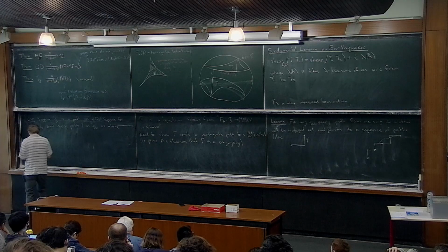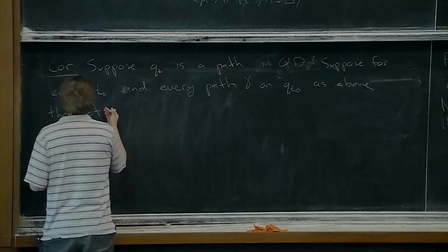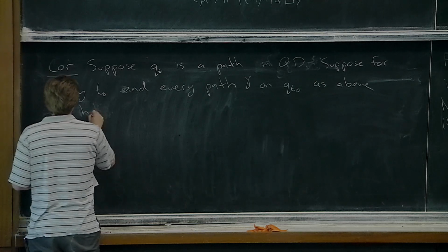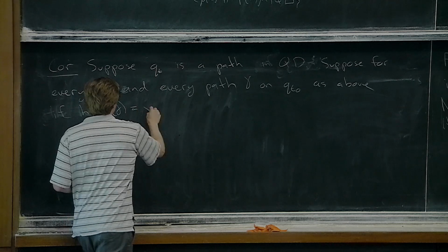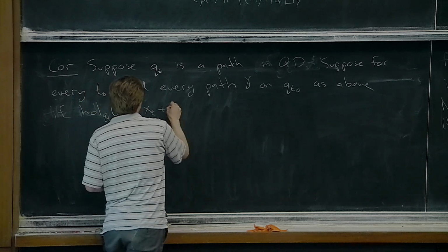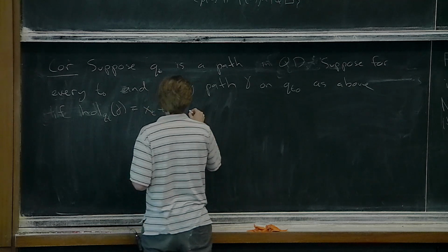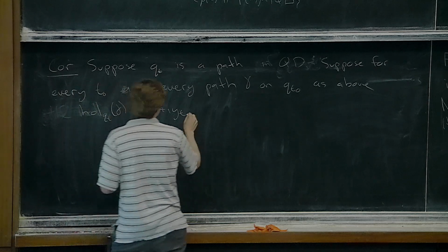As above, the holonomy, well, let me just write it. If the holonomy on q_t of gamma is x_t plus i y_t, well, I'll just set that as notation.